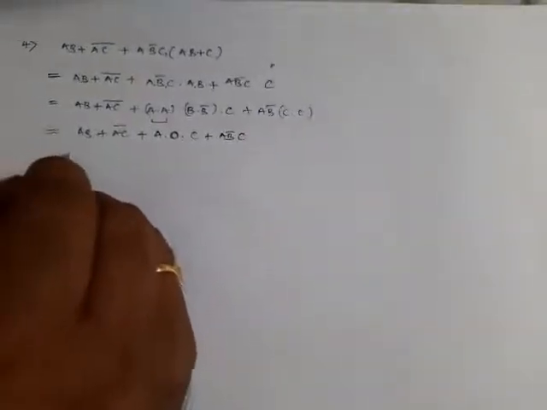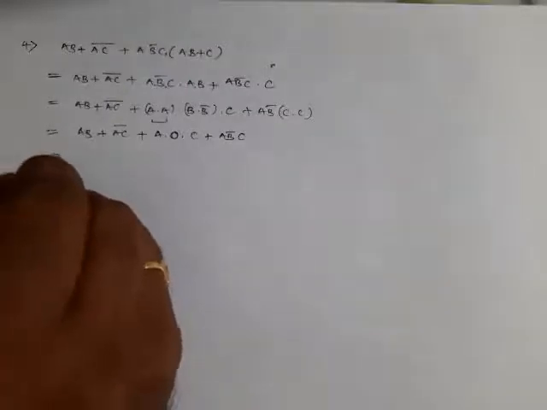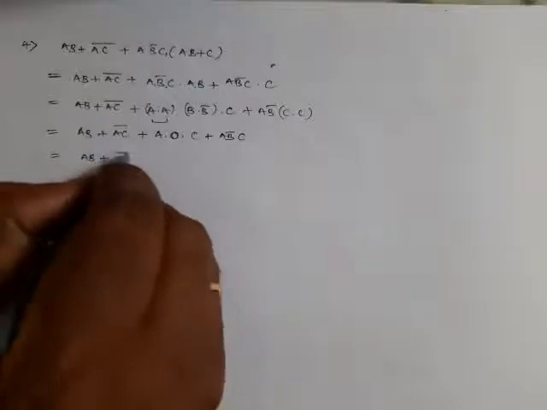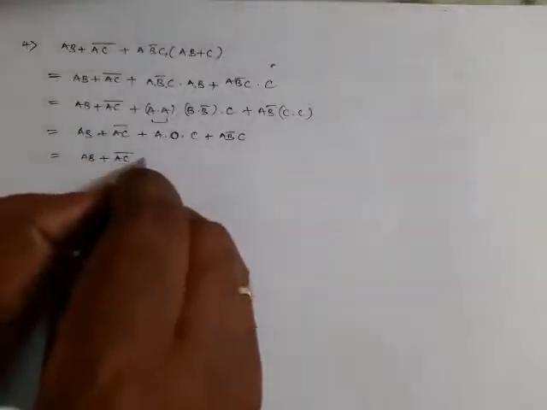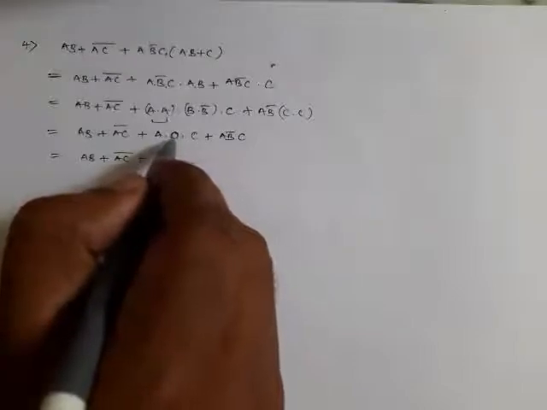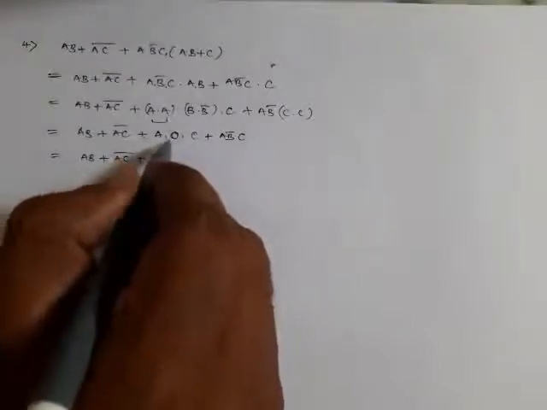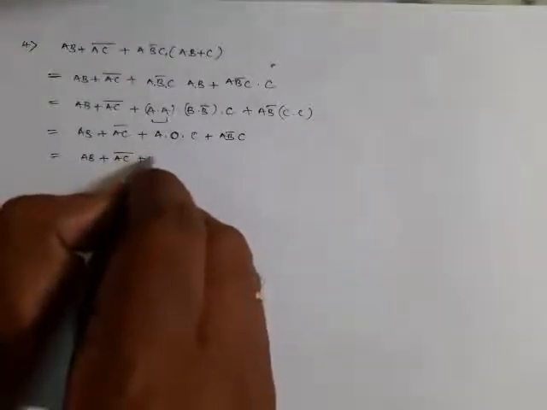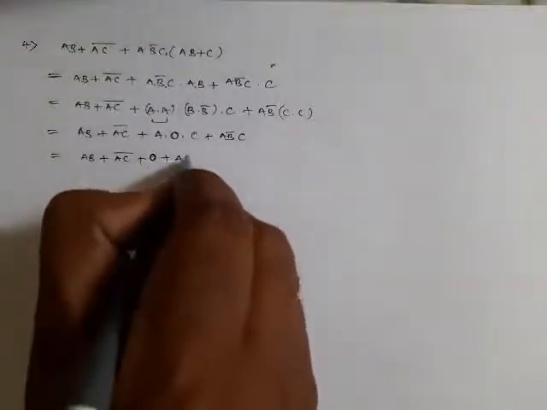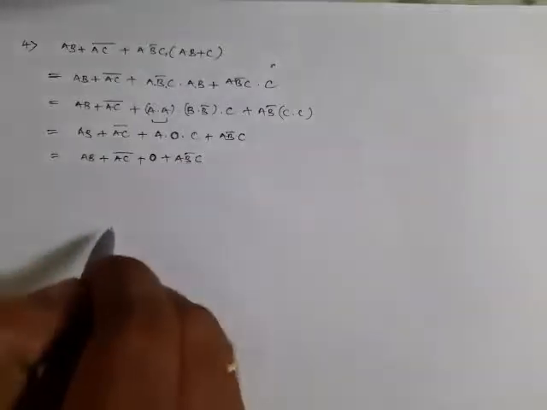And here you can see that AB plus AC bar, and this term 0 dot, AND operation between any variable and 0 is 0 itself. Yes, AB bar C.